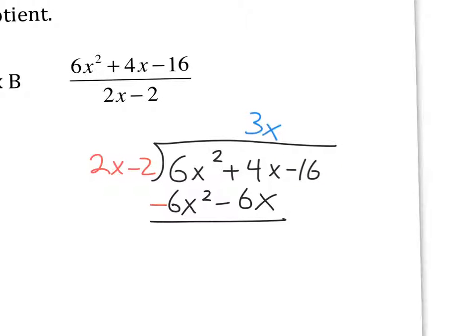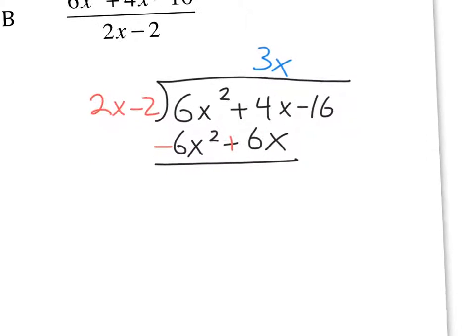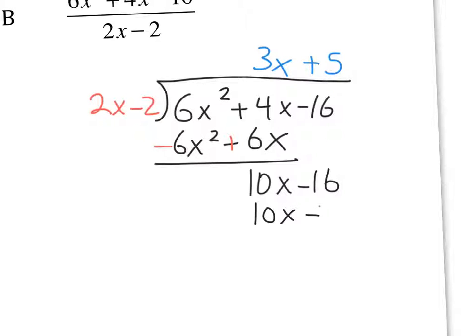Draw and oppositify across. Now I bring down the results. This drops out to 0, so this becomes 10x. And I bring down the negative 16. Same question. How do I get the 2x to become a 10x? So I multiply everything by 5. So I put plus 5 over there and distribute the positive 5 to the 2x minus 2 to get 10x minus 10.